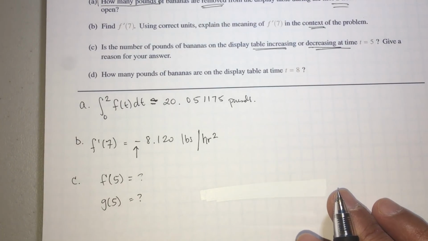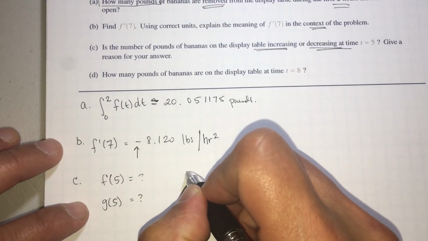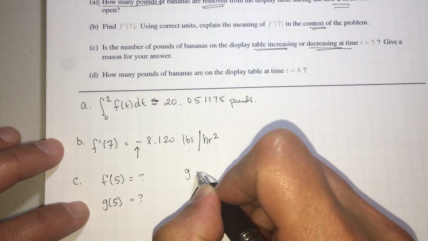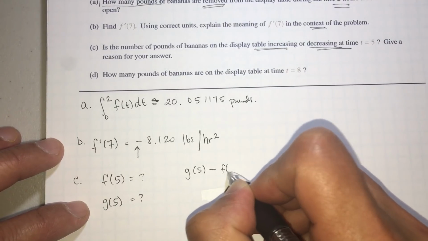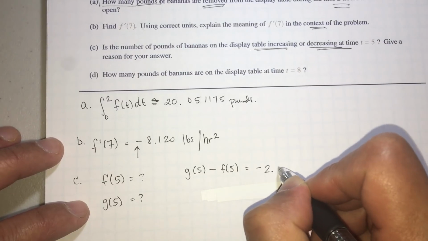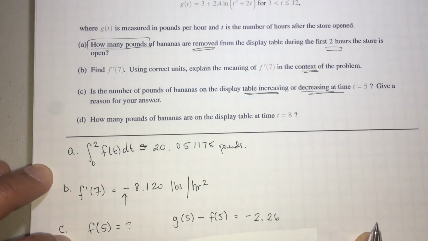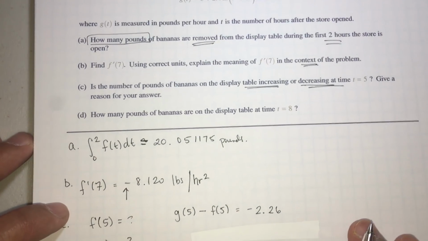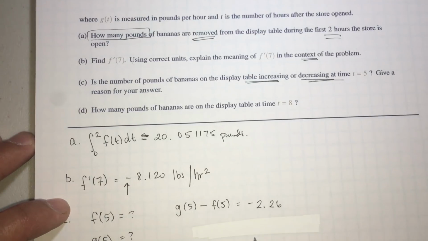But when you take g of 5 and subtract f of 5, you get negative 2.26.